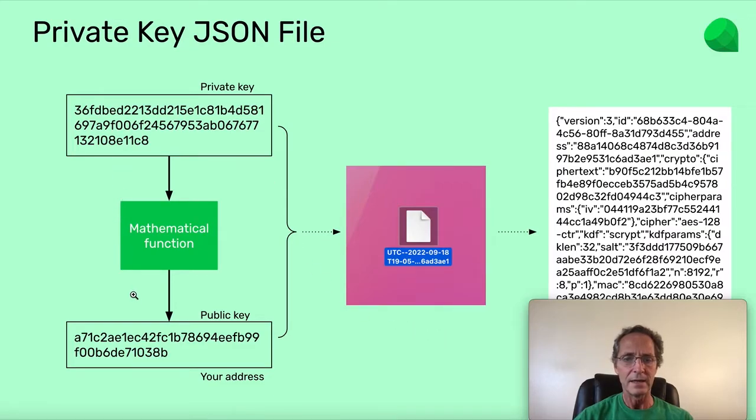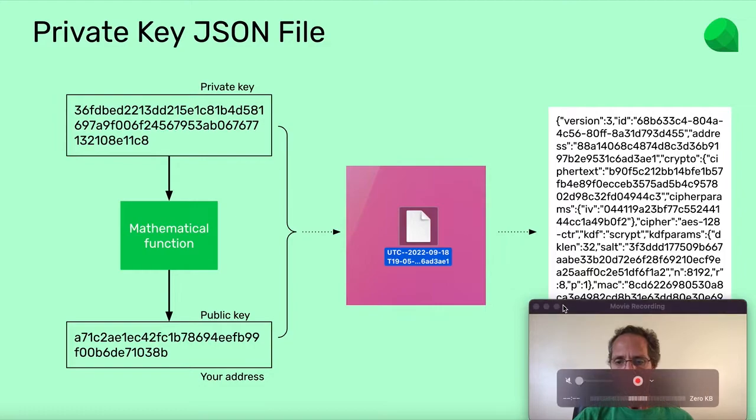Basically, a private key JSON file, JSON stands for JavaScript Object Notation, which is a file format used in computer science for machine-to-machine communications. But it transforms the private key and public key information into a file that looks like this. This is how it looks, one that I downloaded for this example in my computer.